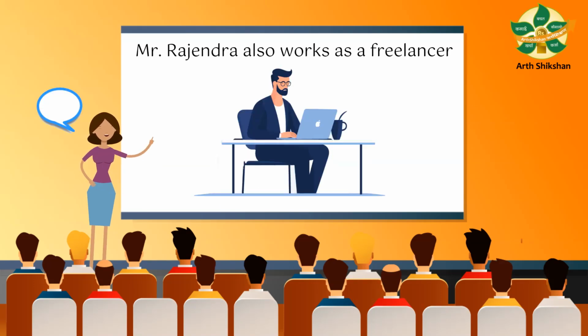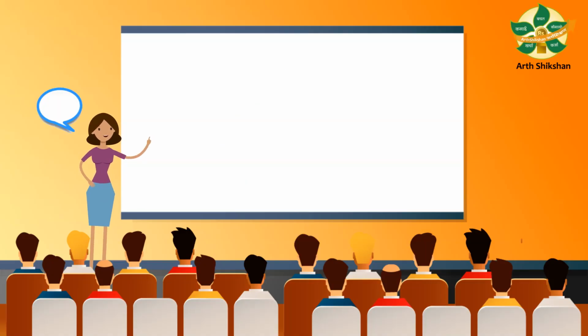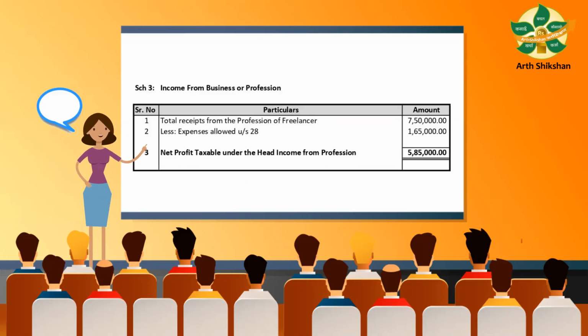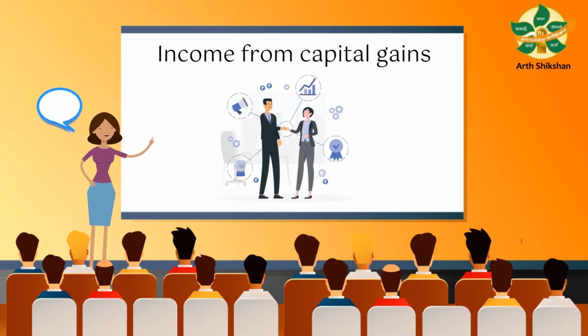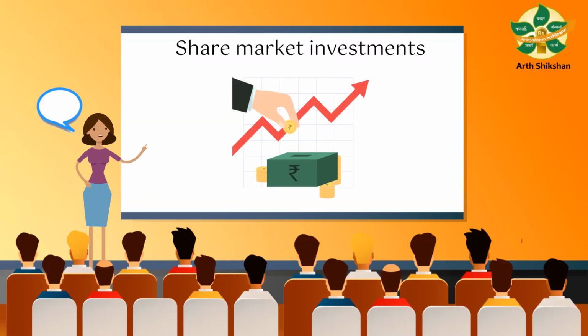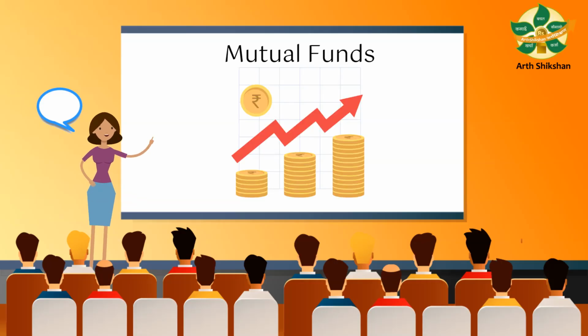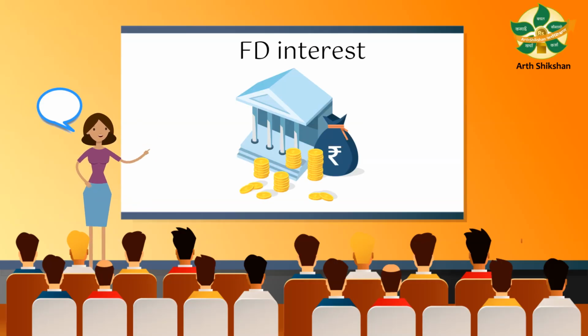In Mr. Rajendra's case, he also works as a freelancer. As indicated in the computation sheet, the net profit subject to taxation under this category amounts to rupees 5,85,000. Fourth income category is income from capital gains like share market, investments, mutual funds, FD interests.